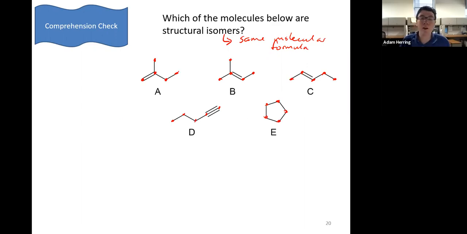And the way that we know how many hydrogens there are is based on the number of bonds that a given carbon atom already has. Each carbon atom has a valence of 4, therefore it will form 4 bonds. This carbon already has 2, so we need 2 hydrogens. This has 1, so we need 3 hydrogens. 2 hydrogens here, and 3 hydrogens here. We see then we have C5H10.